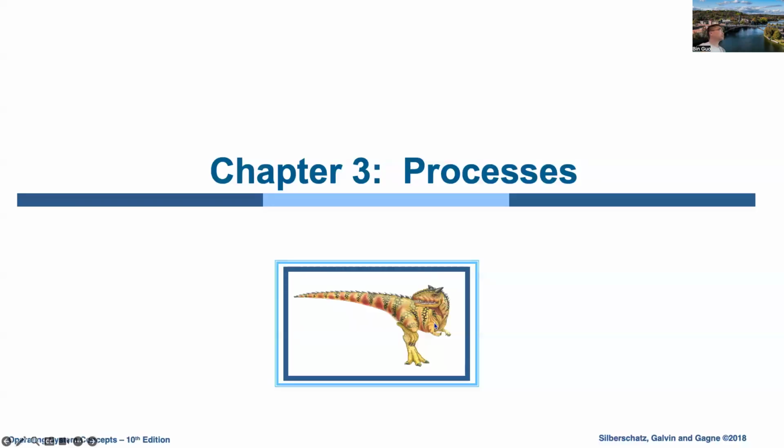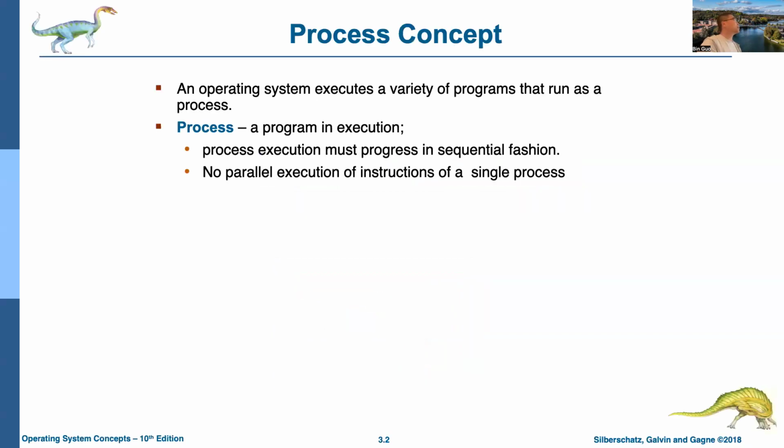Chapter 3 is about processes. We're going into the detailed techniques of processes, which are very important. Every application that will run on your computer is stored on disk, firstly loaded from the disk to memory, and run as a process.